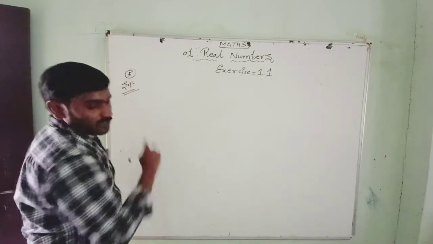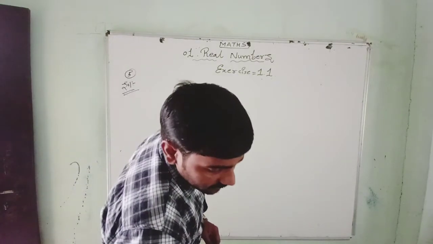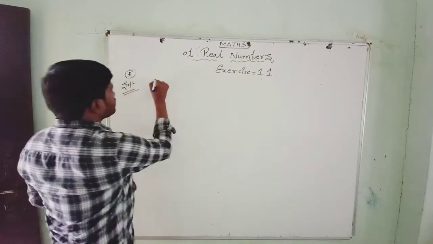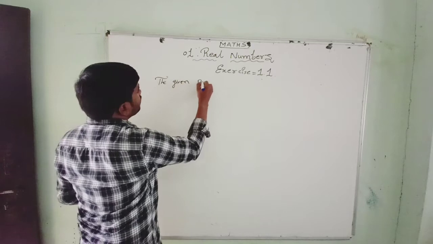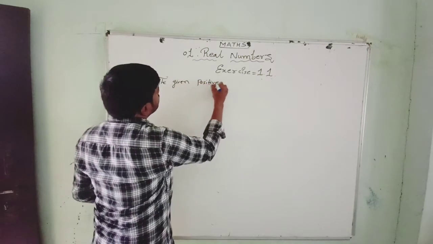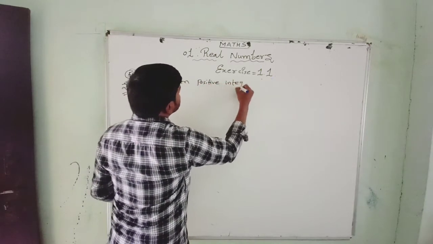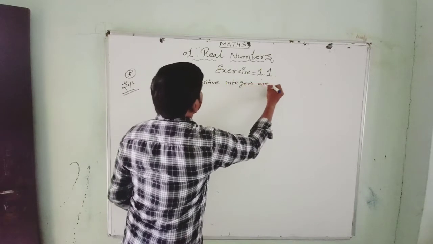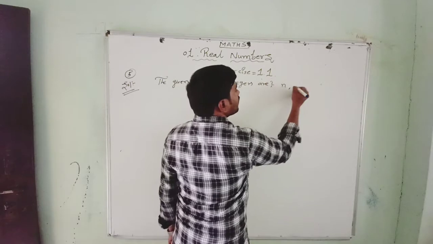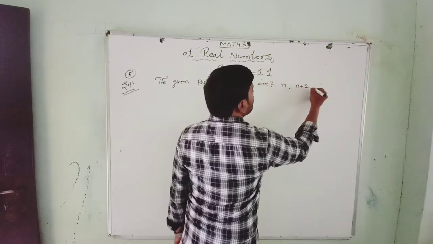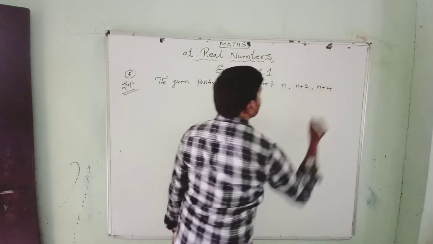The given positive integers are n, n plus 2, n plus 4.